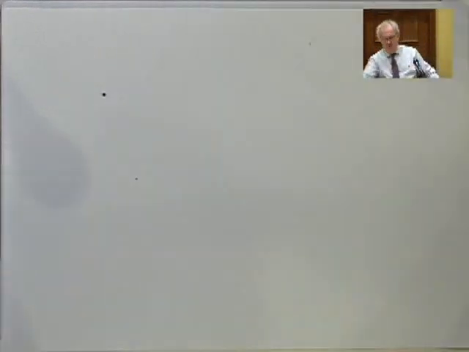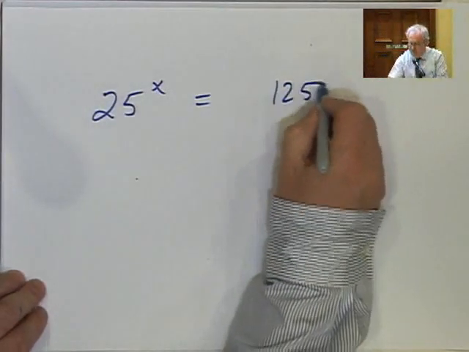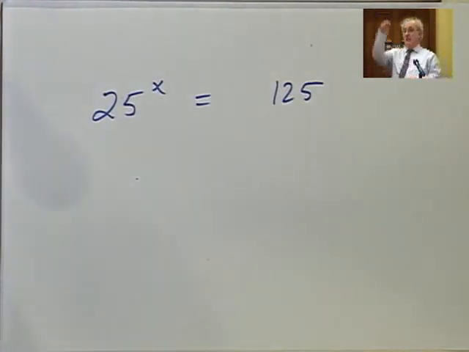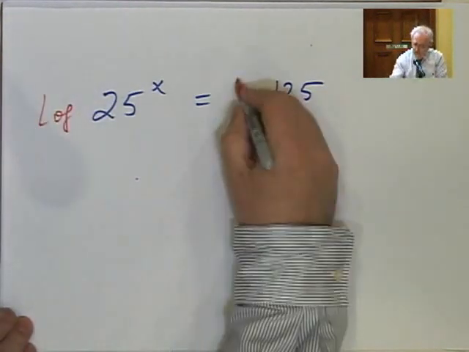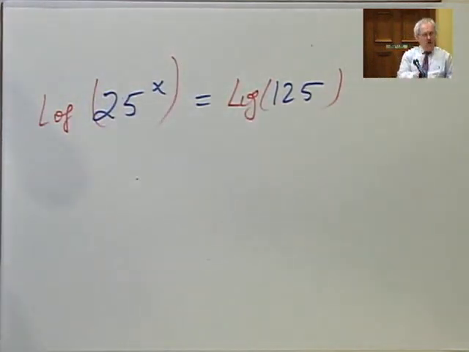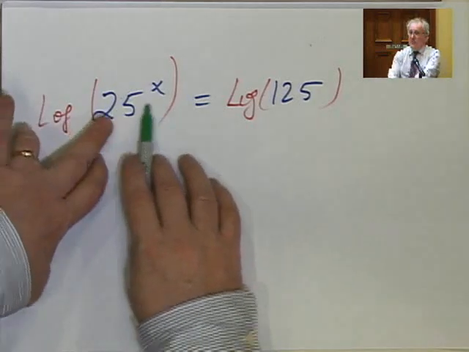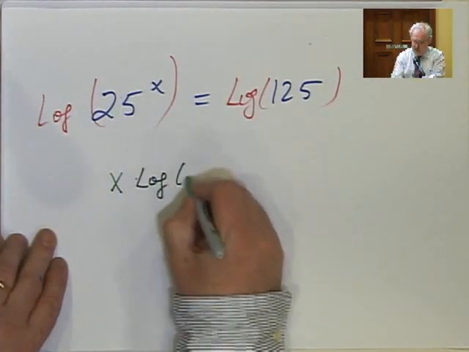Okay? What I would do instead is I would say 25 to the x is 125. What is the twin of when you have the x in the power? Well, the machine that kills that is log. What's the great one trick about logs? If you've got log of something to the power, it's the same as x times the log of the something.